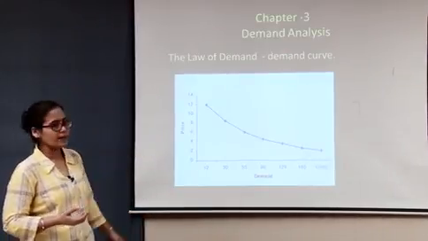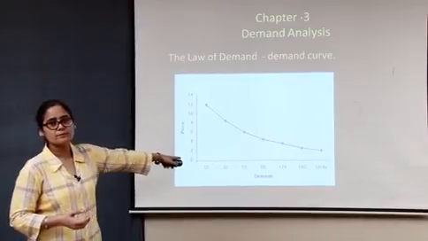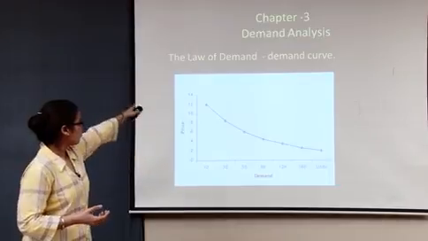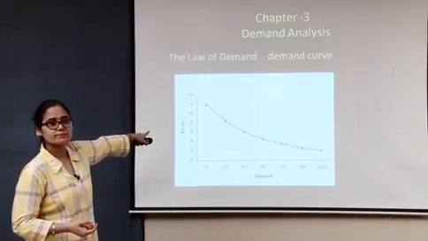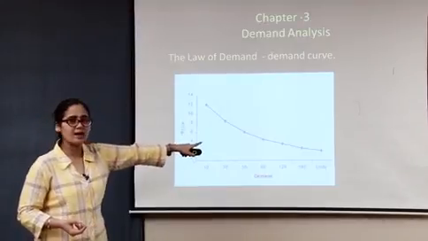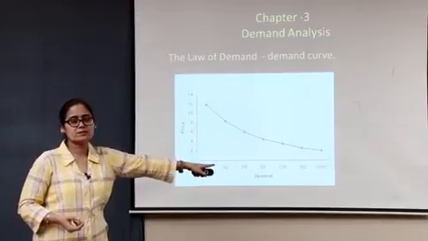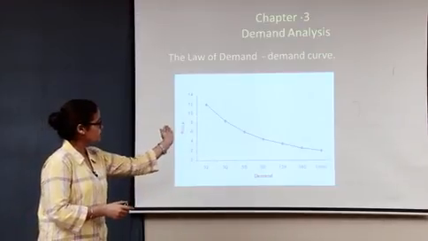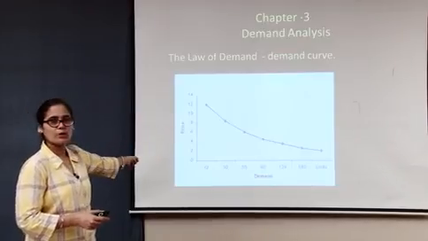In this diagram, the x-axis measures demand in units, and the y-axis measures price in rupees. How is the demand graph? We say it is convex to the origin, O.